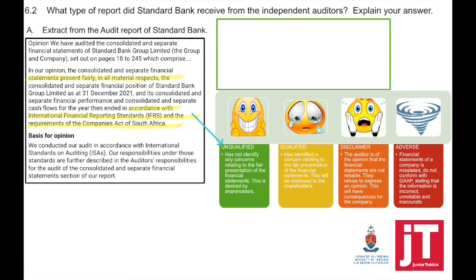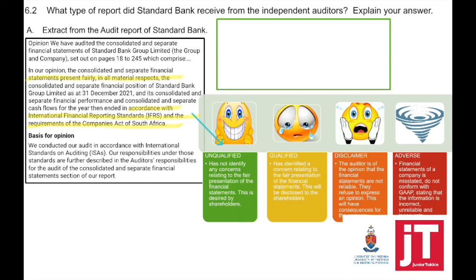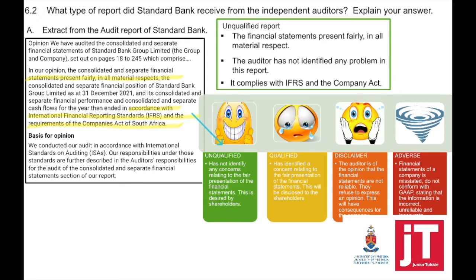So when you see this type of audit report, it means that you are happy. Why? They have not identified any concerns relating to the presentation of the financial statements. So this is an unqualified report.